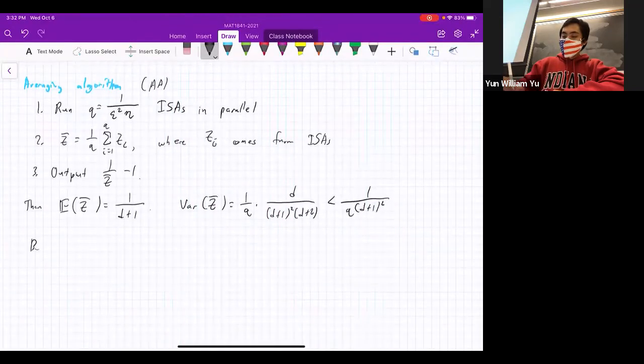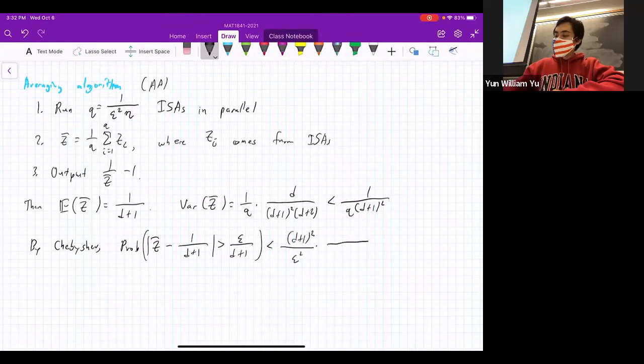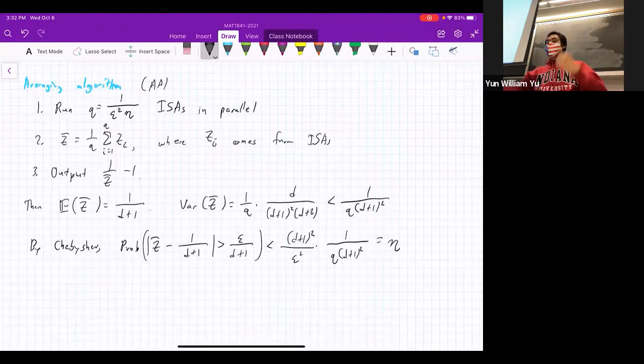So then by Chebyshev, the probability that the distance between Z bar and 1 over D plus 1 is greater than epsilon over D plus 1 is less than D plus 1 squared over epsilon squared times 1 over Q times D plus 1 squared, which is equal to eta by our definition of Q.